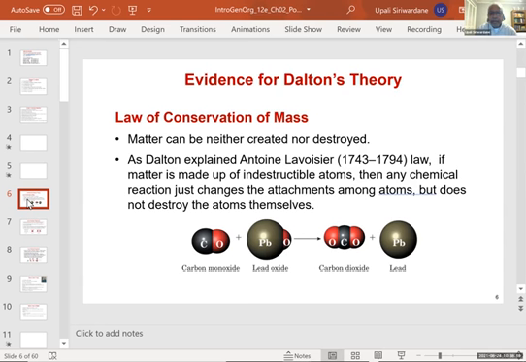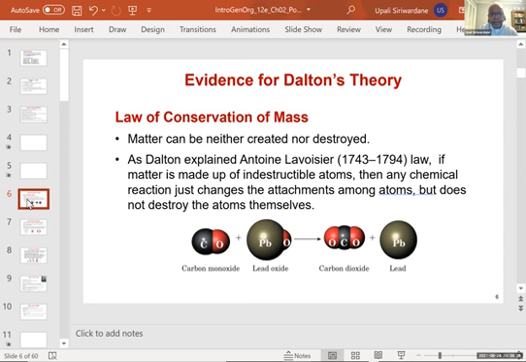Like we described in the scientific method, a theory does not start from thought. Theory starts from experiments and observations. Mass of matter can be neither created nor destroyed. It's called the law of conservation of mass, developed by Lavoisier.